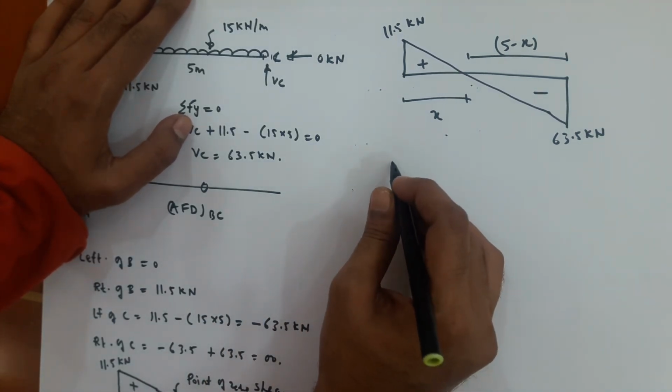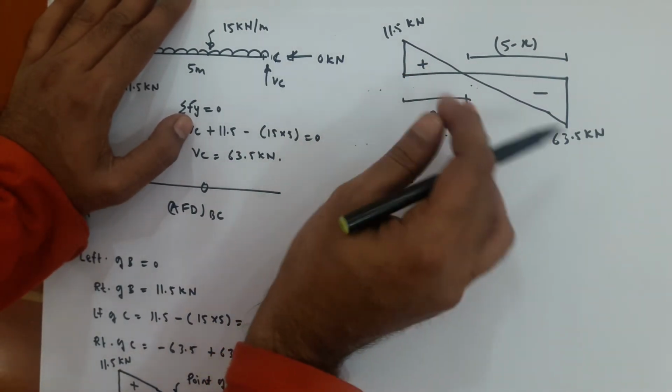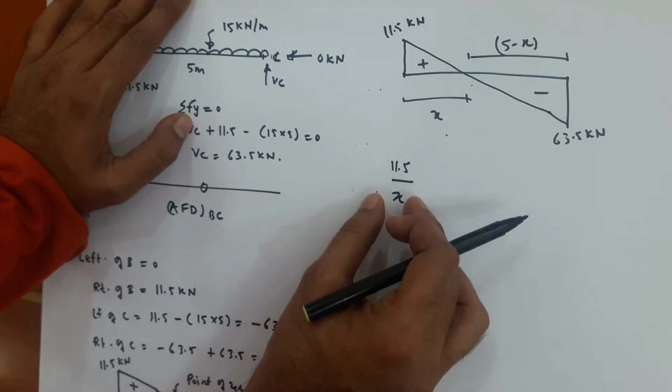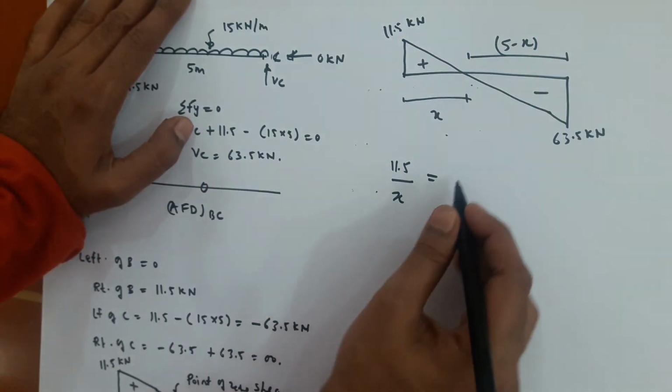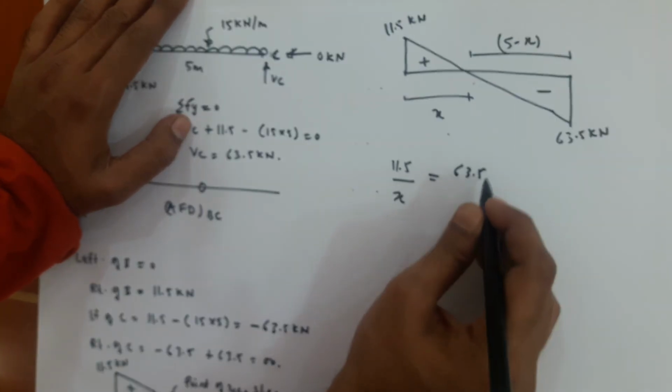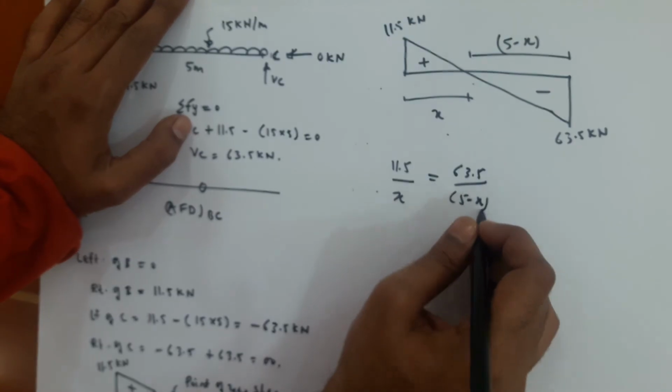So 11.5 divided by x, height of this triangle divided by base of this triangle, equals height of this triangle, 63.5, divided by base of this triangle, 5 minus x.